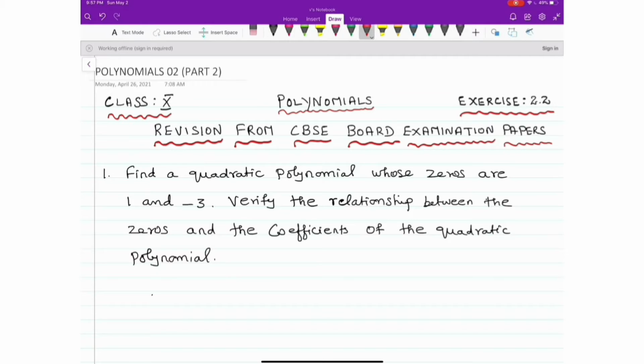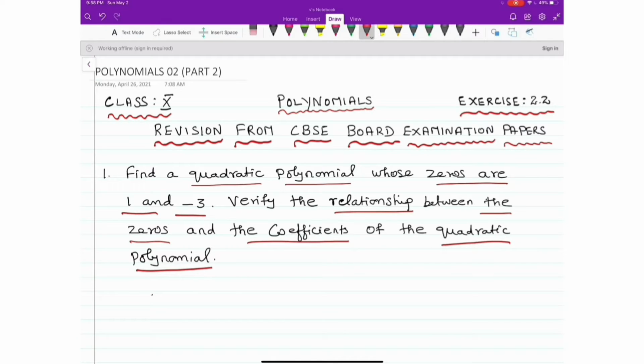Here we go. The first question goes like this. Here you have to find a quadratic polynomial whose zeros are 1 and minus 3. And you have to verify the relationship between the zeros and the coefficients of the quadratic polynomial.